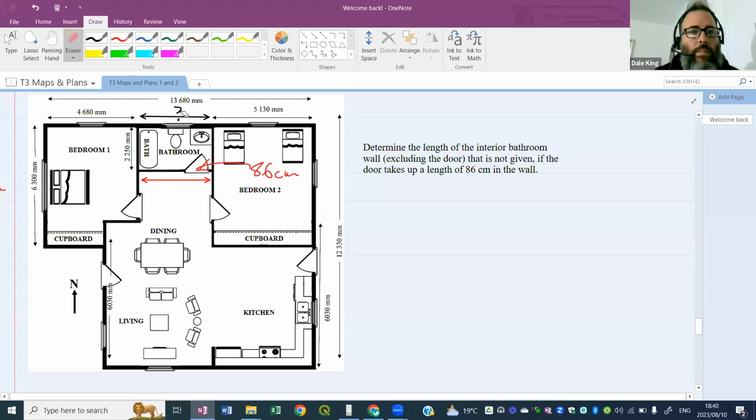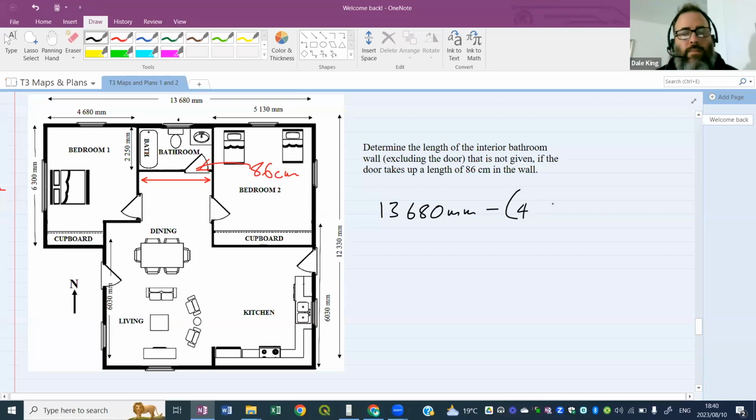So you take that 13,680 and subtract 5,130 and the 4,680, and then it will give you the length of the bathroom, which will be the number that you subtract 86 from. All right, I'm doing exactly what you say. 5130 millimeters. All right, I'm writing units as I go.